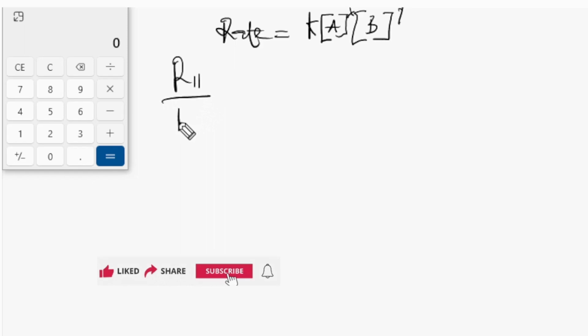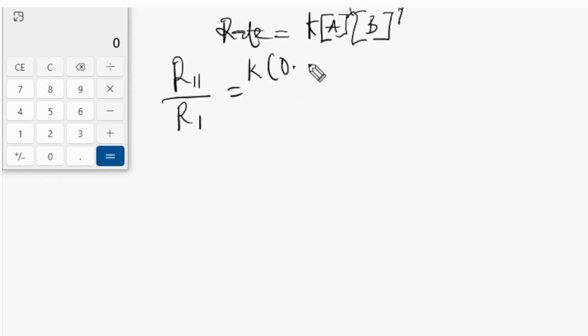So if we take the ratio of equation 2 to that of 1, we're going to have R2 over R1 to be K times concentration of A with respect to R2, which will be 0.20, and this will be raised to the power of X, don't forget this.